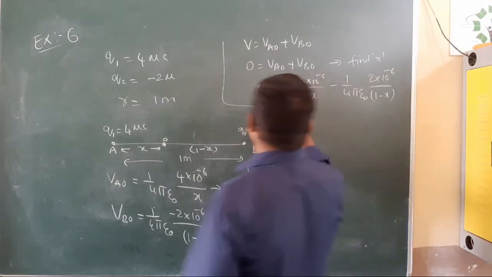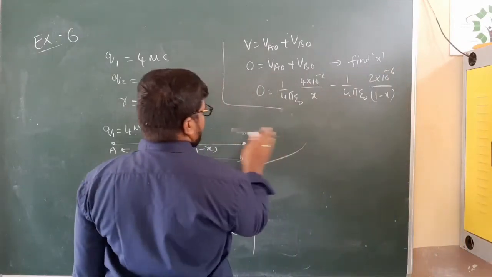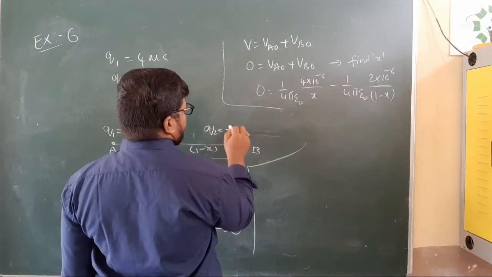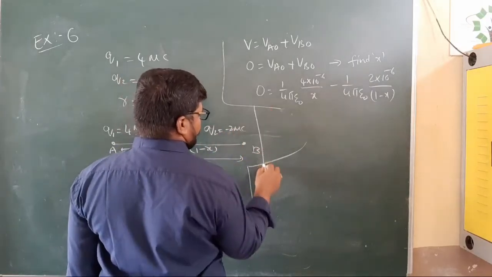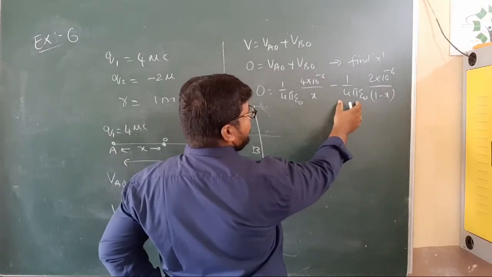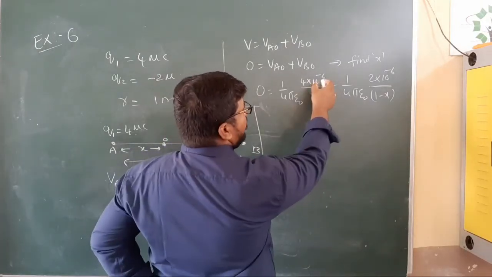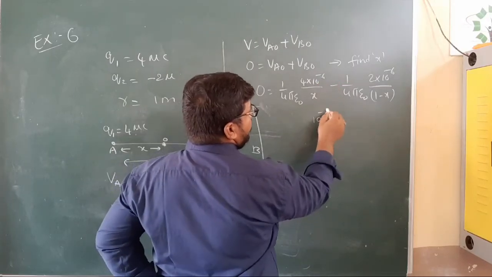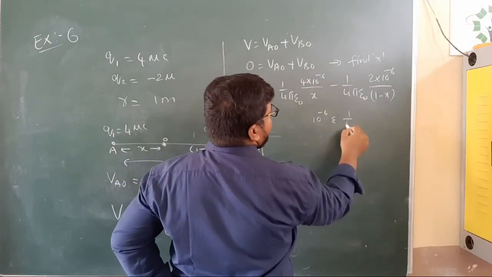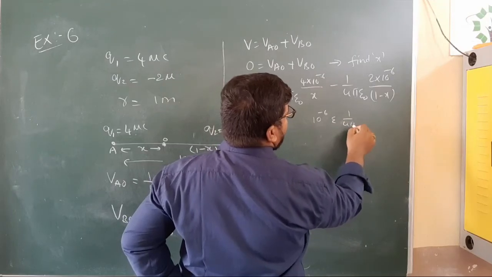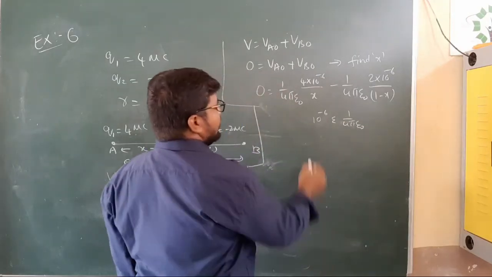Okay, it's clear. 1 by 4 pi epsilon naught is common everywhere, and 10 power minus 6 is also common, so we can cancel them from the left side.